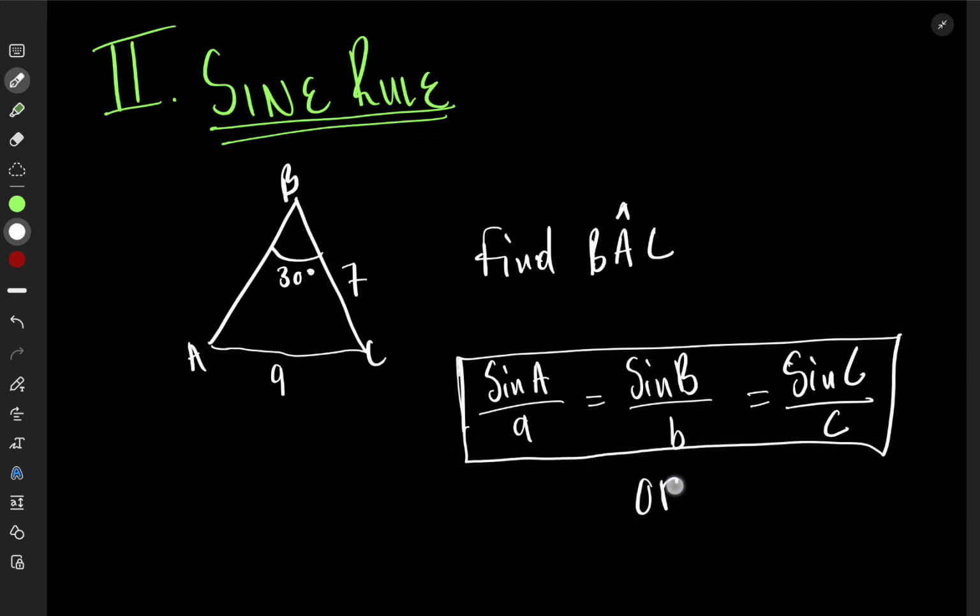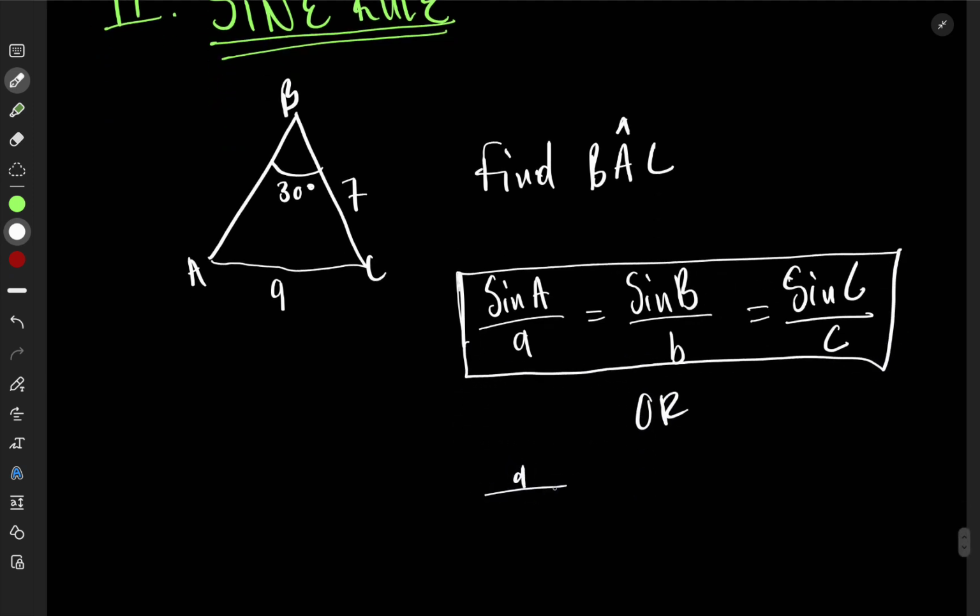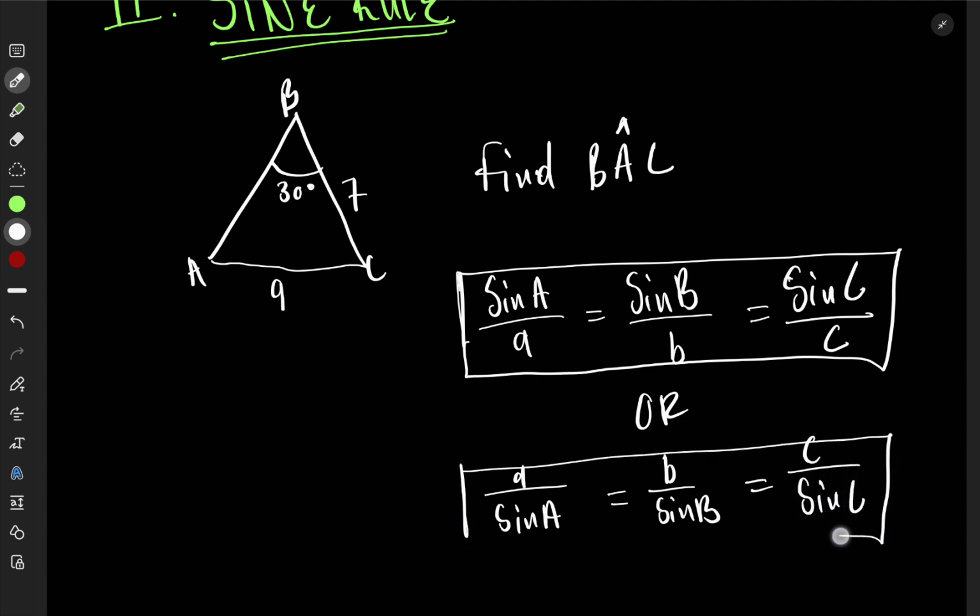Or you can say A over sine A is equal to small b over sine big B, which is equal to C over sine C. This is the other way to have the sine rule. So it is either way 1 or way number 2. These are all versions of the sine rule.